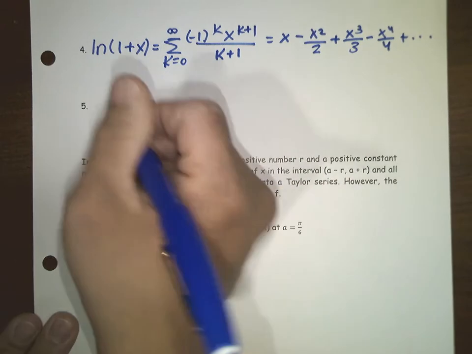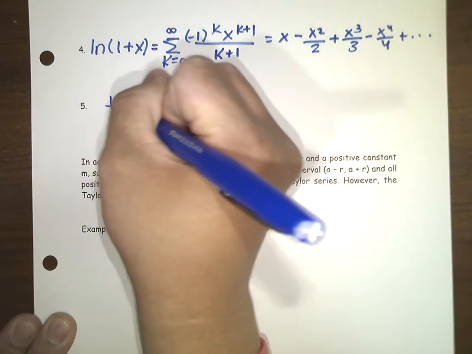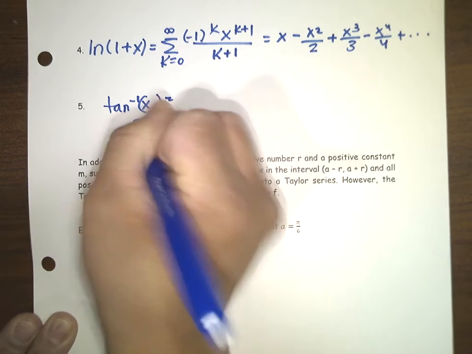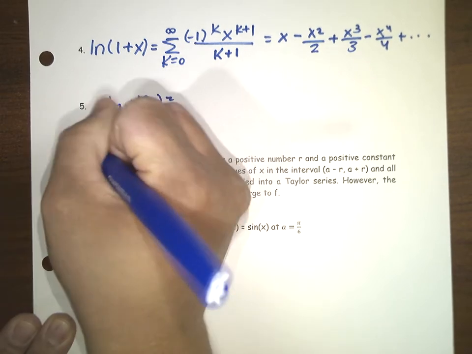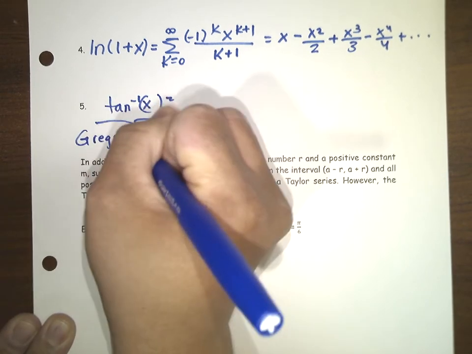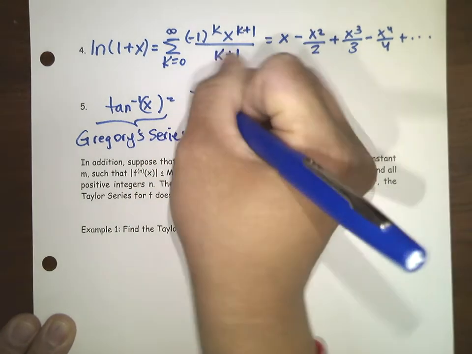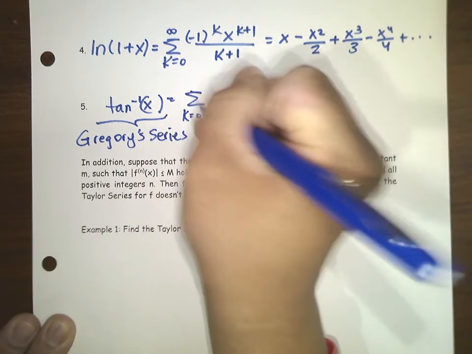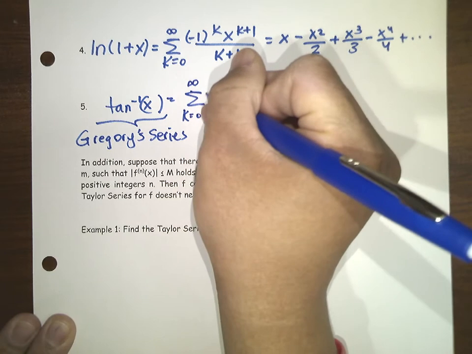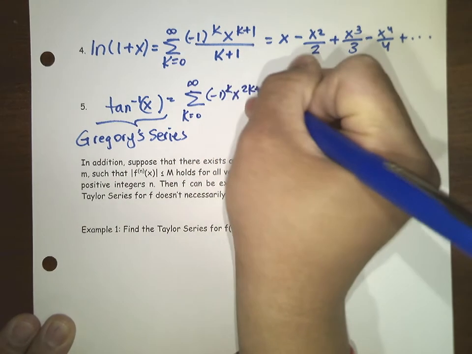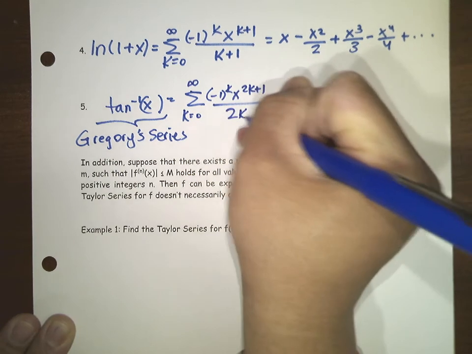And then we have the tangent inverse of x, and this one actually has a special name. This one is going to be called Gregory's series. All right, so this is the sum, k equals 0 to infinity, of negative 1 to the k, x to the 2k plus 1 over 2k plus 1.